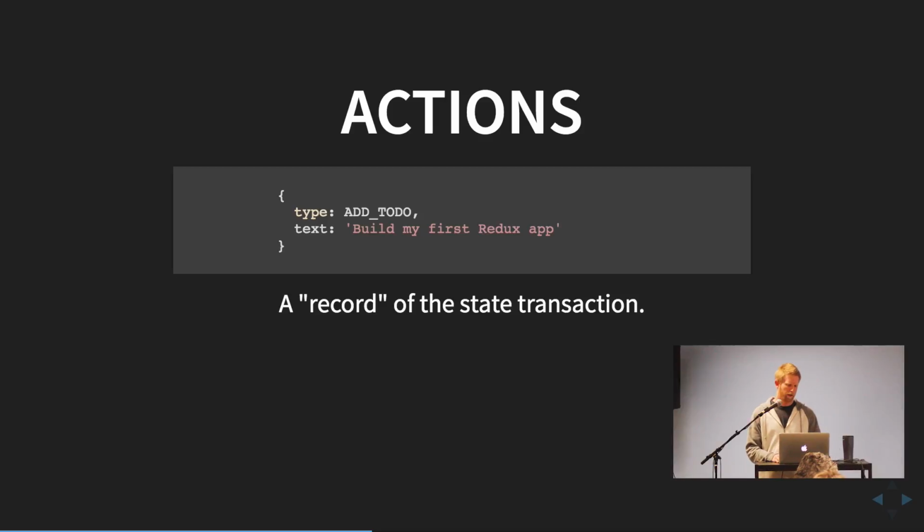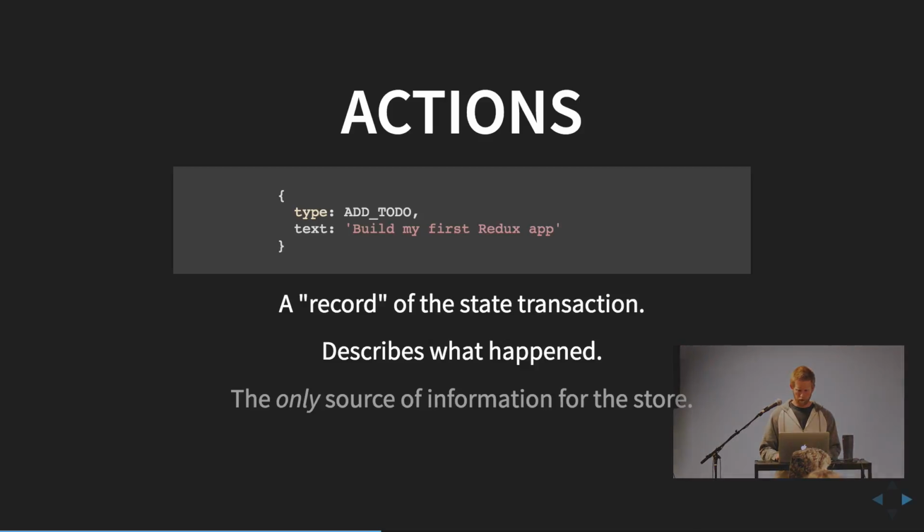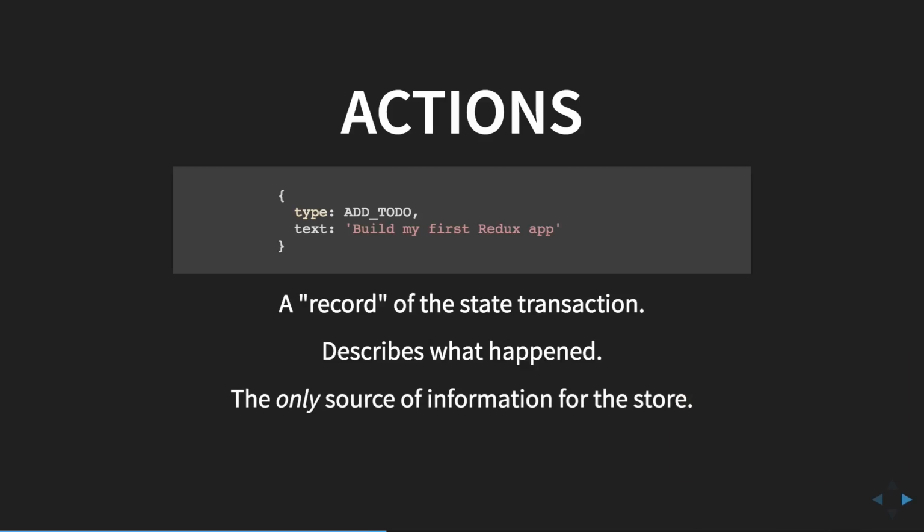It serves as basically the record of the state transaction. So the action says what happened. And it's the only source of information for the store. So the store, and we'll talk more about what the store is, is essentially our source of truth for the application state.